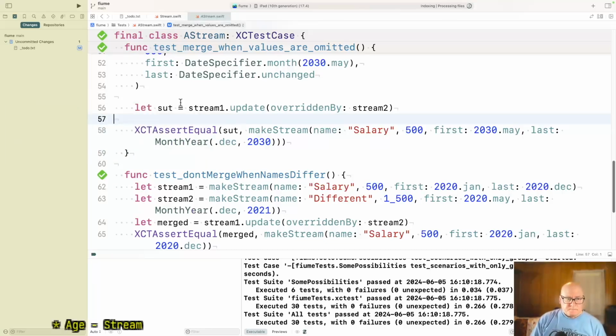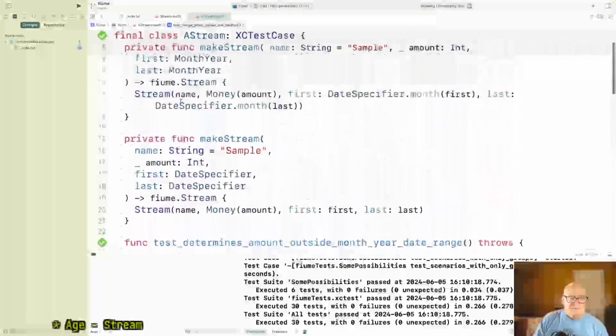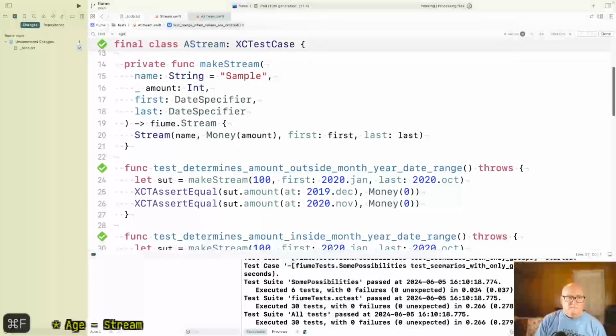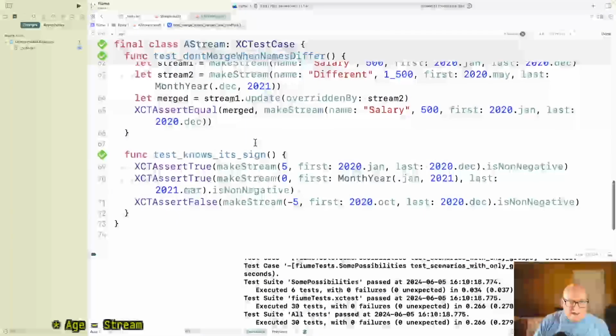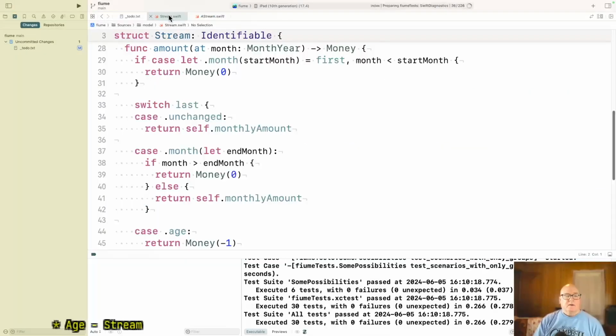Excuse me. Okay, I guess we didn't. We added it to the case statement. We don't test anything. All right, now. Amount at month year.